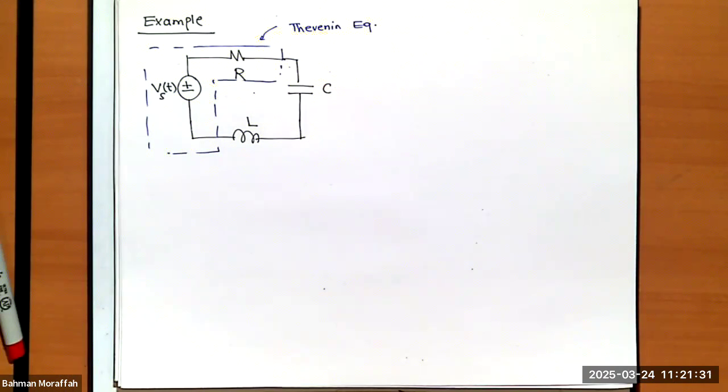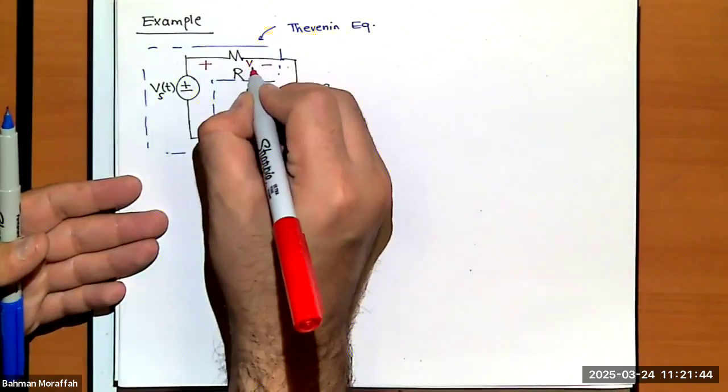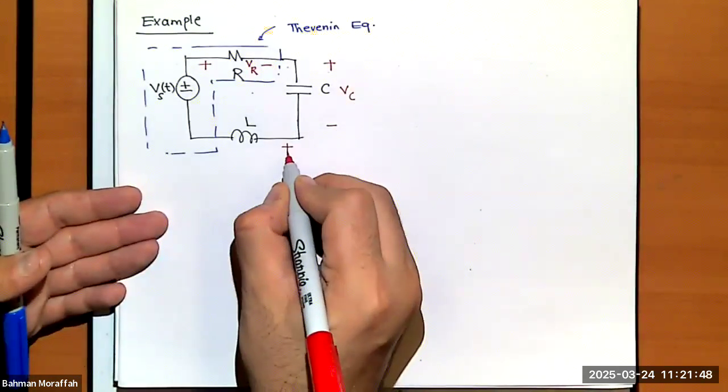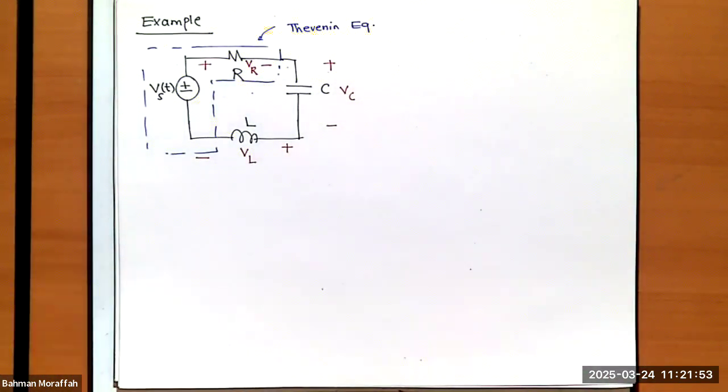Nonetheless, I can analyze this circuit. It's not a very difficult circuit. Let's call the voltage across the resistor VR, the voltage across the capacitor VC, and the voltage across the inductor VL.